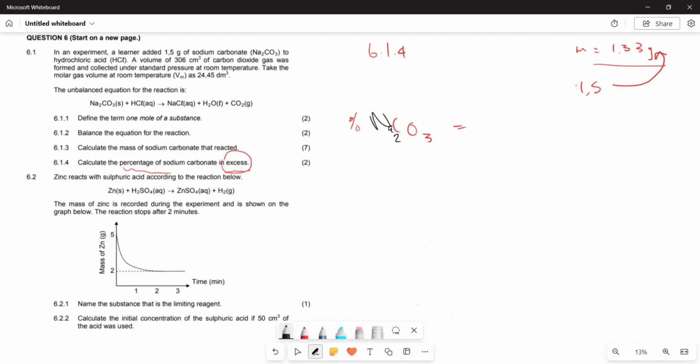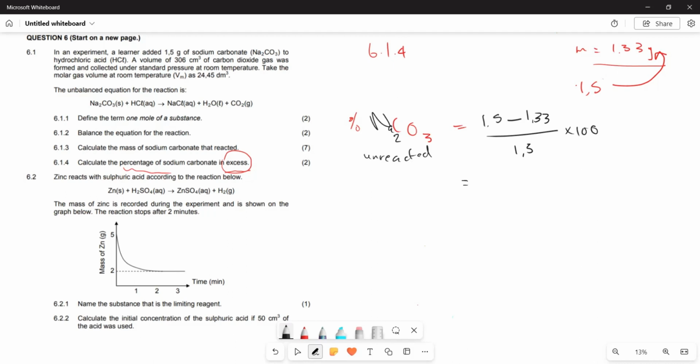For you to calculate the sodium carbonate that has not reacted, unreacted, if there's something like that: you already know you have 1,5 of the mass that was given at the beginning of the reaction, and that only 1,33 of the mass has reacted. You take this and divide by the totality, 1,5, because that is the mass you were given at the beginning, and then multiply by 100.